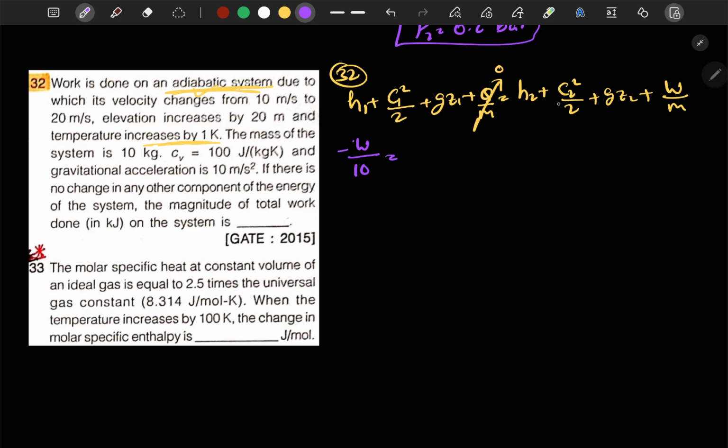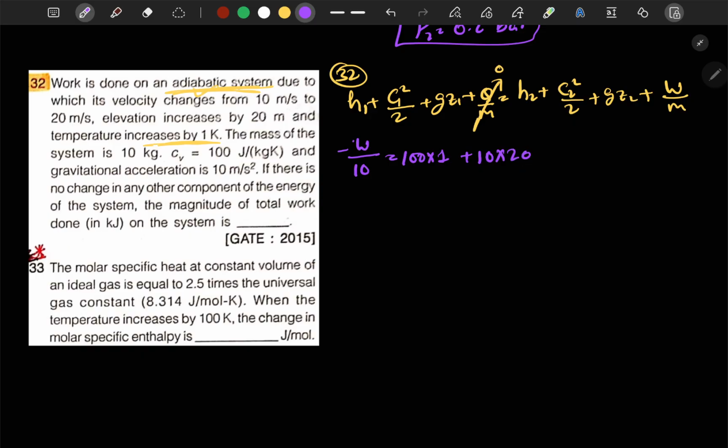First term will be H2 minus H1, which is given by C delta T. So C we have 100 given, into delta T, which is 1, plus g times, value of g is provided to be 10, and Z2 minus Z1 is given as 20.